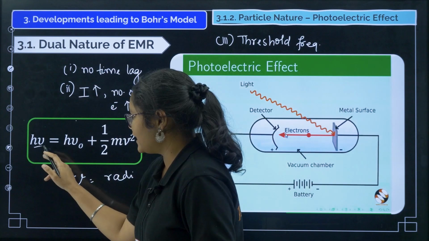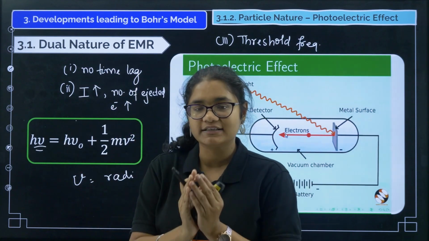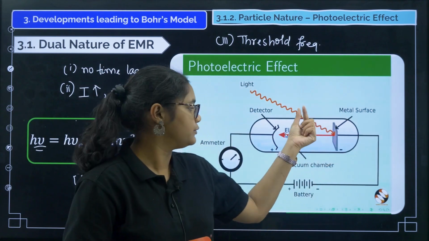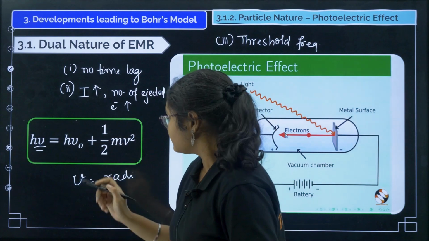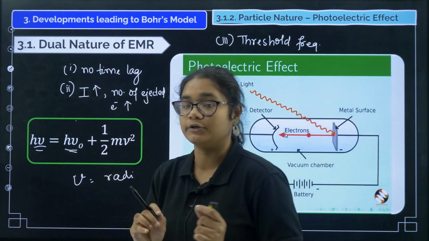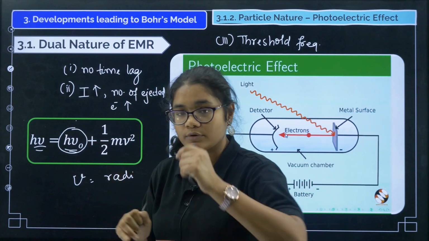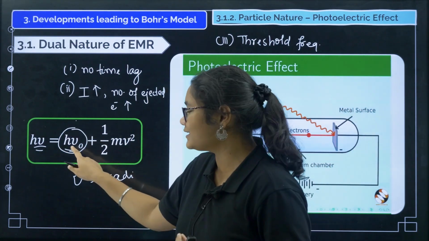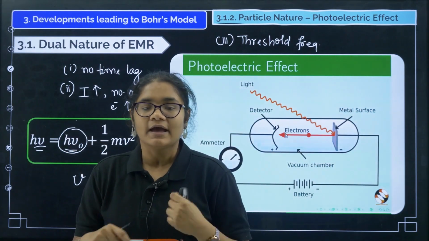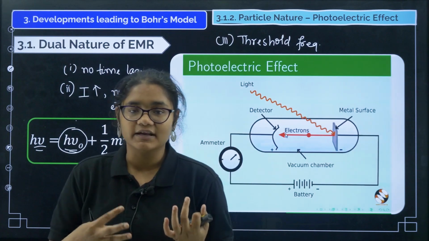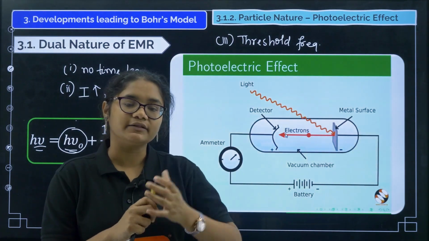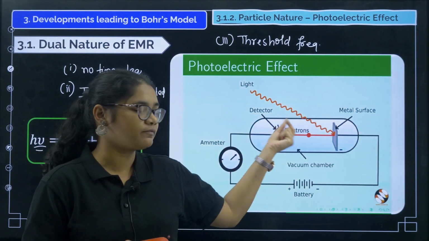So h nu is the energy of the radiation, and how is that energy utilized here? Part of it will be equal to h nu 0, the minimum energy required to remove the electron. This is called the threshold energy. Whatever rest energy is left, with that kinetic energy the electron will move.